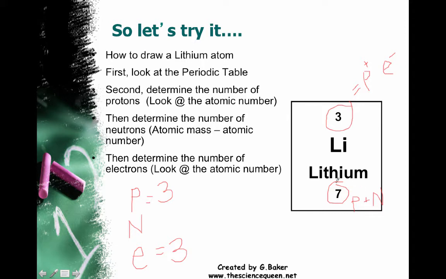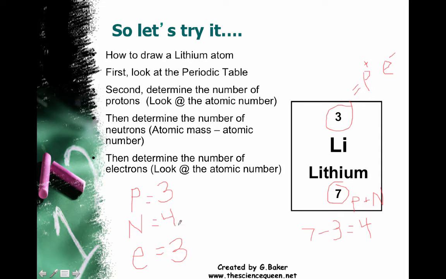So we know that our atomic mass down here is our protons plus our neutrons. So we can take our atomic mass, which is 7, which is protons plus neutrons, and we can subtract out the number of protons, which we know up here is our atomic number. So our neutrons is going to be 7 minus 3, which is going to equal 4. So we know we have 4 neutrons.